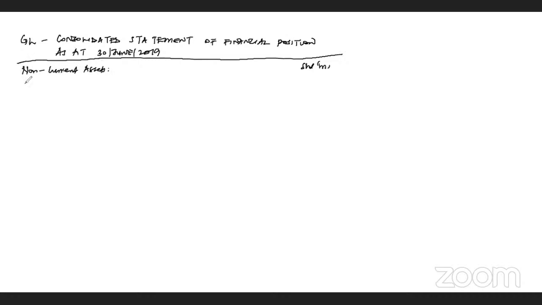Under non-current assets, of course, we have the PPE. But our PPE, you get that of the parent, which is 720, plus ML, we have 550.